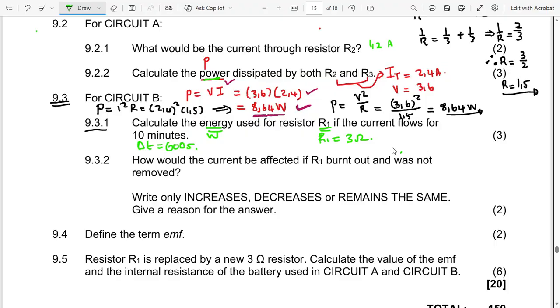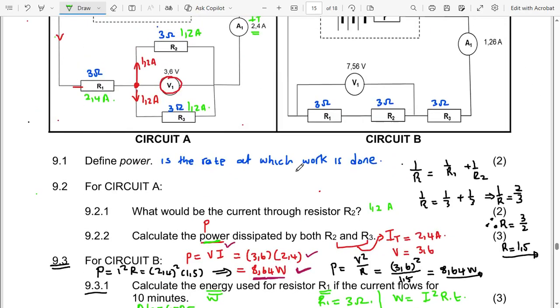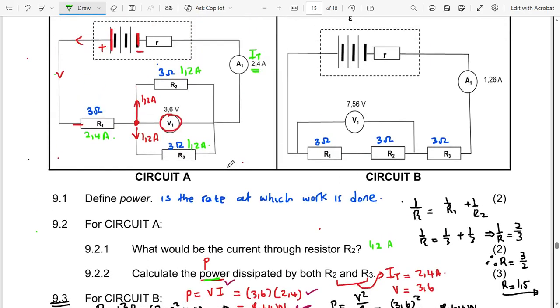So now I'm going to work it out here and say the energy is equal to the current squared times the resistance times the time. Then you just have to substitute the current for R1.